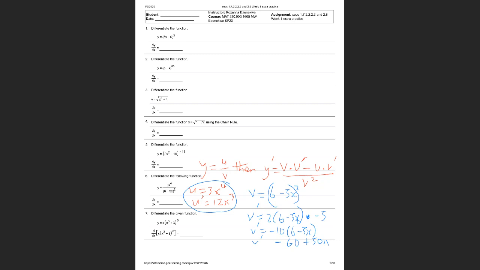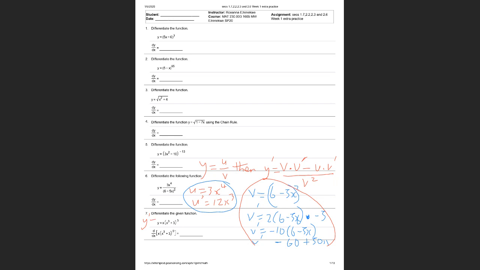So now I already have u and u prime, v and v prime. So I'm about to substitute. I already know what I need, so I want to rewrite that here.